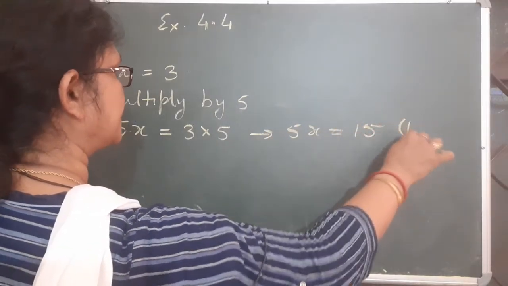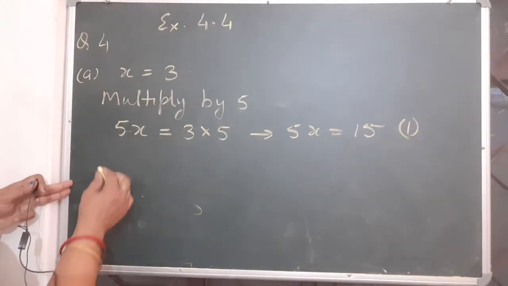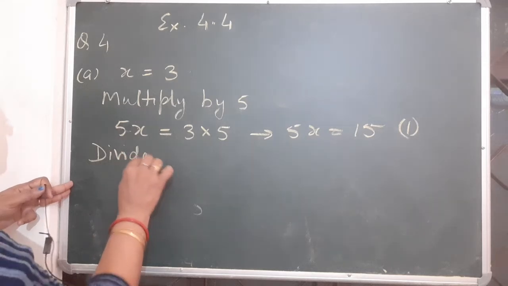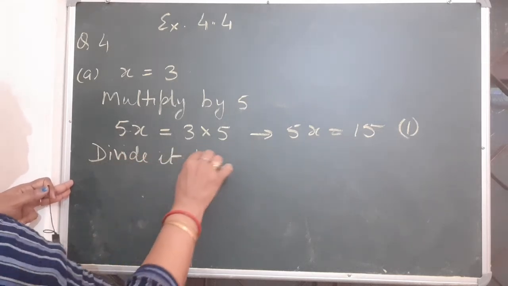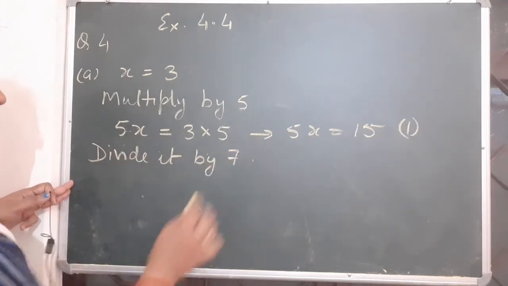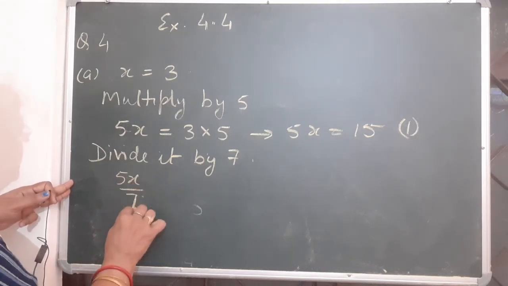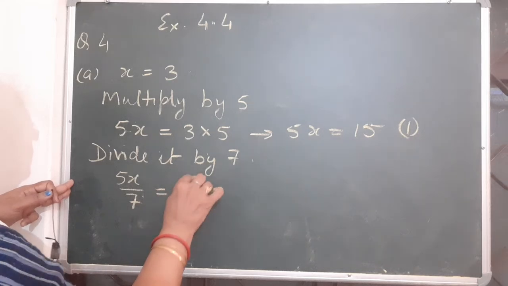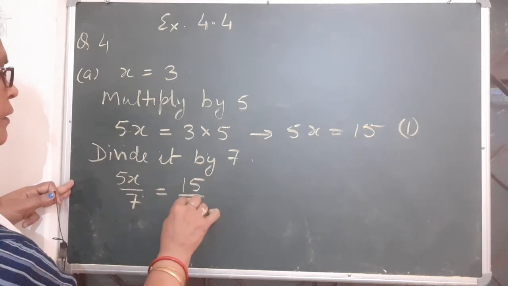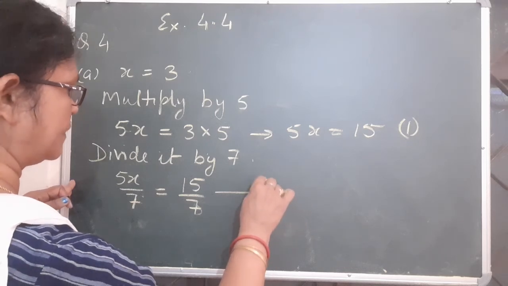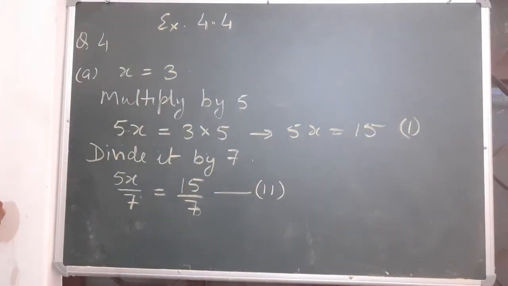This is first equation. Another equation, divide it by 7. So 5x upon 7 is equal to 15 upon 7. So this is the second equation that has been formed.